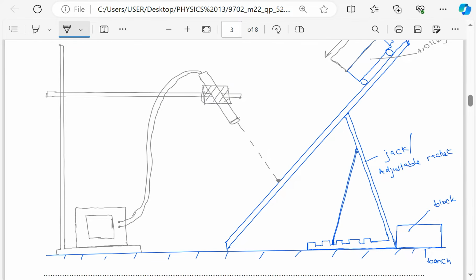So that's going to act as the timer, and I'll put a block somewhere here just in case. I want to leave space for the protractor. So let me first do a protractor here.